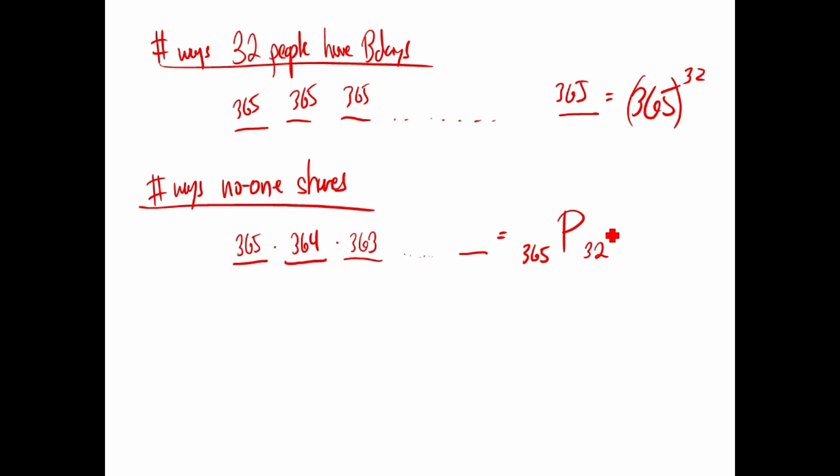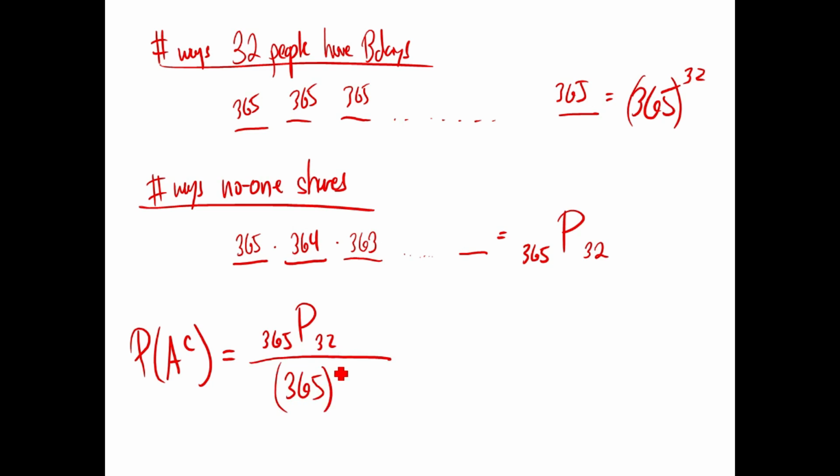We have to pick our birthdays without replacement. Then the probability that no one shares a birthday is going to be the number of ways we could all have unique birthdays divided by the number of ways we can have birthdays.